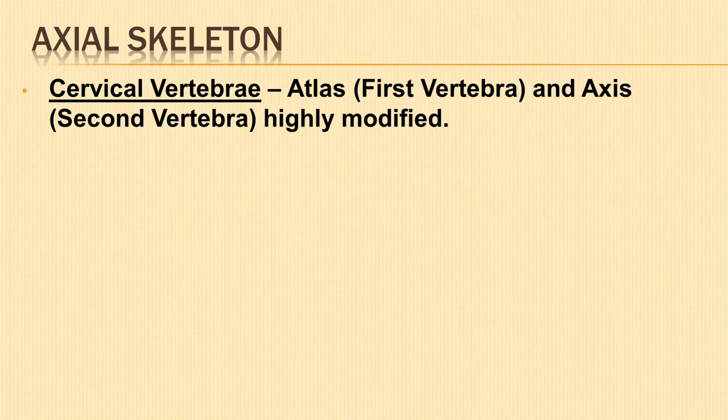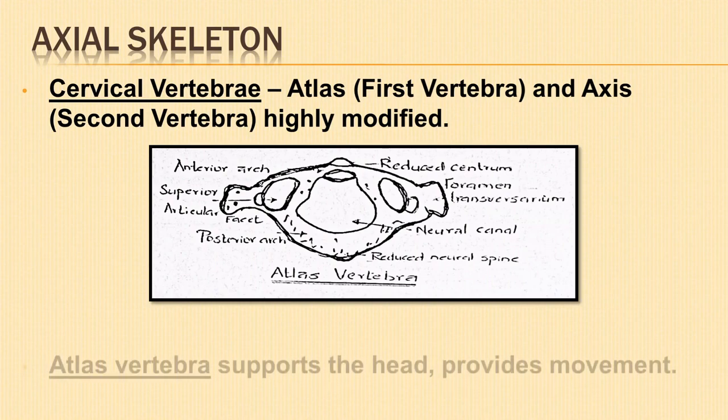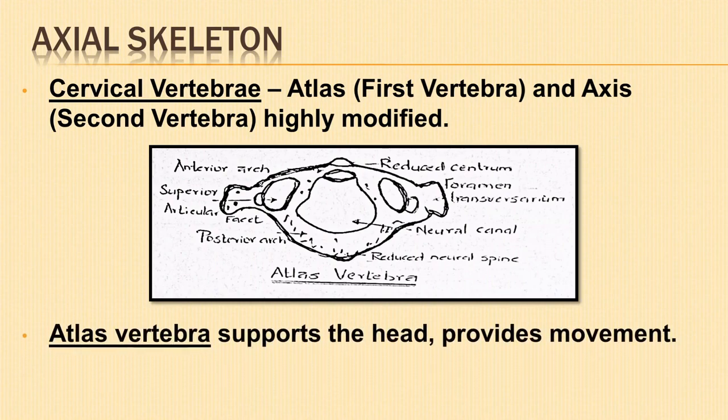The first 2 vertebrae, atlas and axis, are highly modified. Atlas vertebra is the first cervical vertebra, which is in the shape of a ring. It supports the head and provides movement.